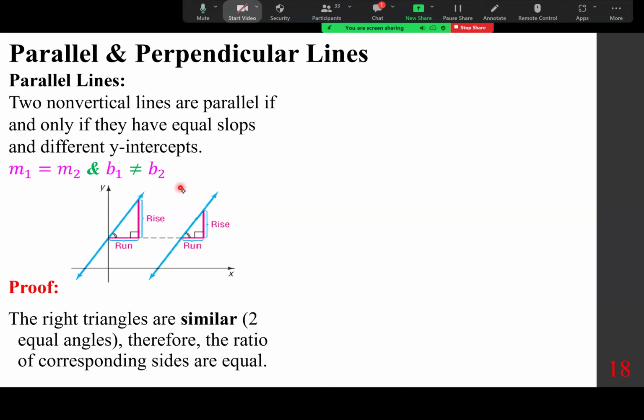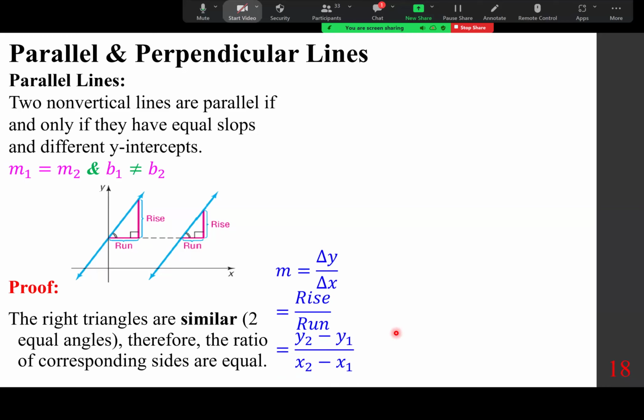The two triangles are similar, meaning corresponding angles are equal, corresponding sides are in ratio. So with that being the case, delta y over delta x, the rise over run, y sub 2 minus y sub 1 over x sub 2 minus x sub 1.